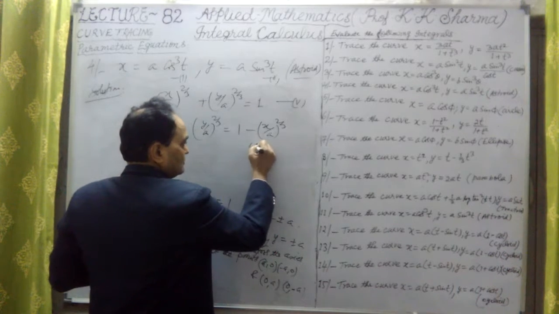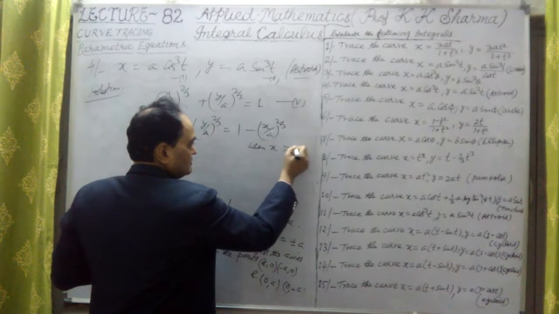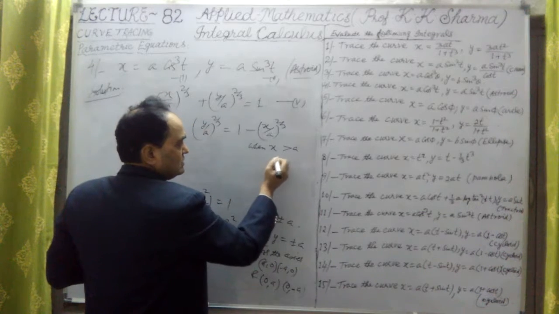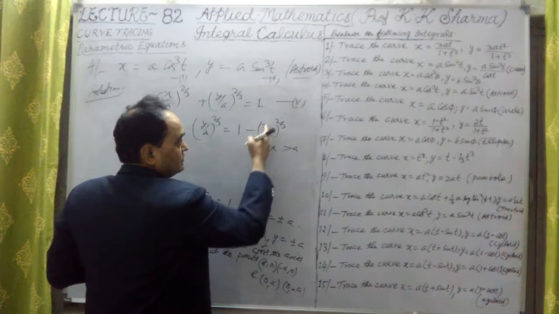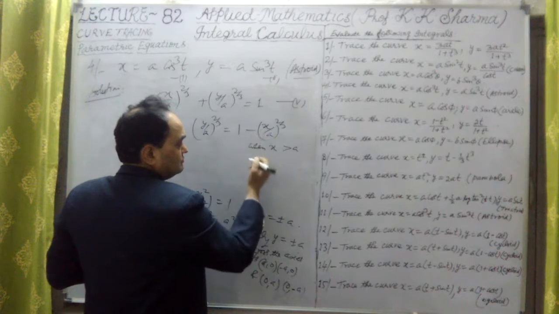So when x is greater than a, or x is less than minus a also, if I take minus a, because the whole square is there, it will be positive.